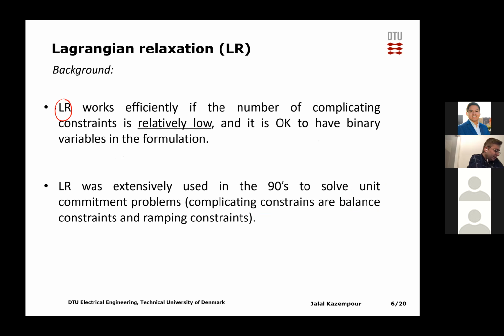In general, Lagrangian relaxation works efficiently if the number of complicating constraints is relatively low, and as a heuristic it works well if we have binary variables. As I said, Lagrangian relaxation was extensively used in the 90s to solve unit commitment problems. For example, there are several papers by Professor Russ Baldick from the University of Texas at Austin using LR for solving unit commitment, relaxing, for example, ramping constraints and balancing constraints, and you can find them in the literature.